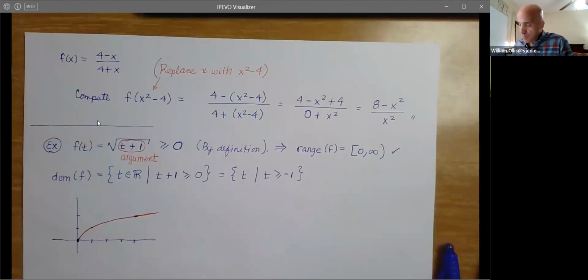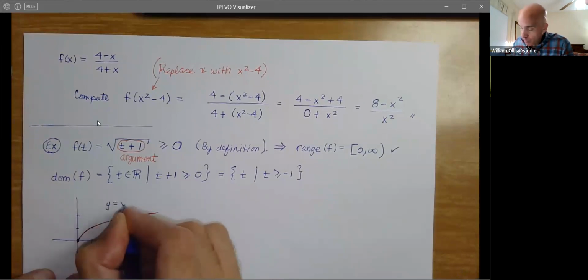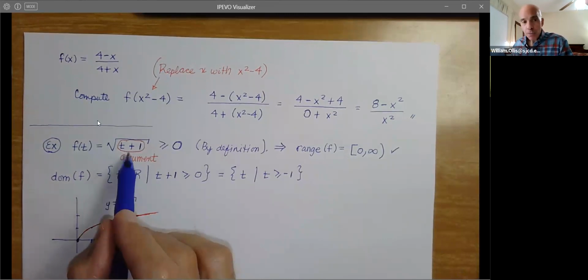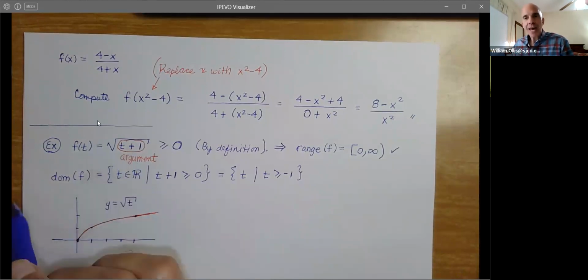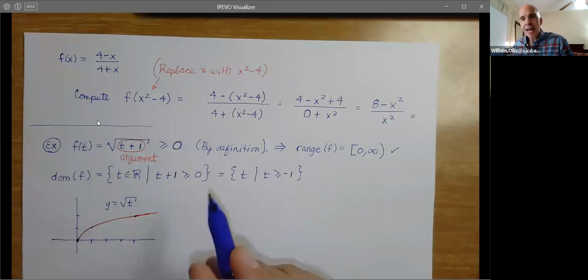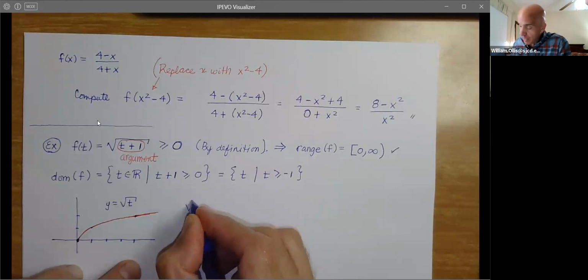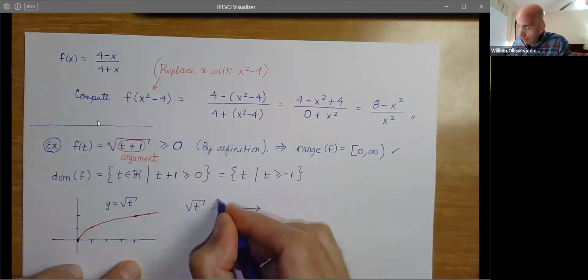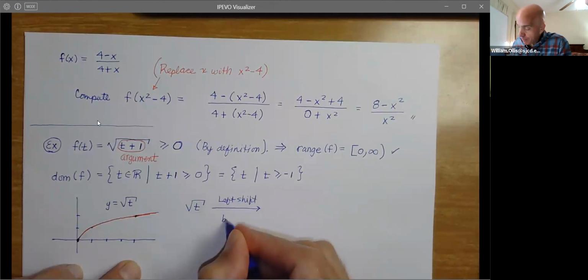Now, we can just call this y equal the square root of t. Now, if we think about this function, what's happened here? Well, we've replaced t with t plus 1. And we know that, and we'll talk about this next class, that is a left shift by 1.